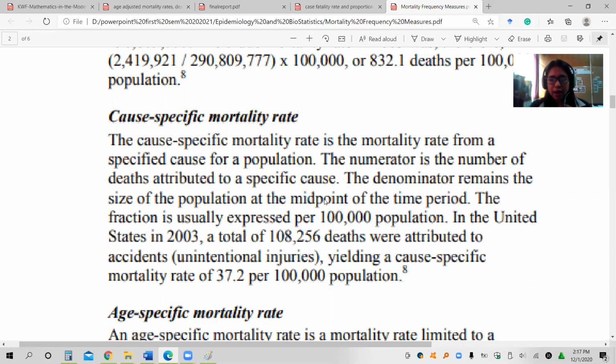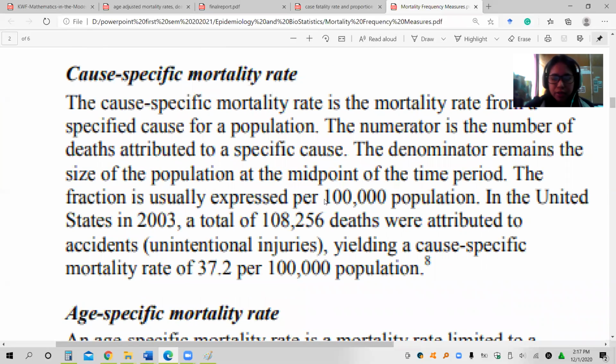And in the next example, the cause is unintentional injuries, or it is due to accident. So if we know the cause, then we can also compute the cause-specific mortality rate. But we're not going to include the total deaths anymore. So what we need to do is to consider only the number of cases.